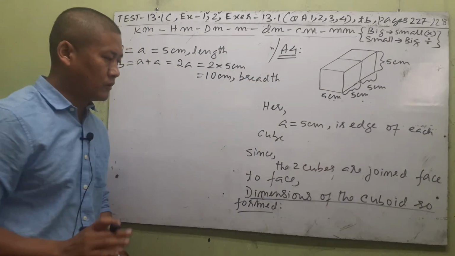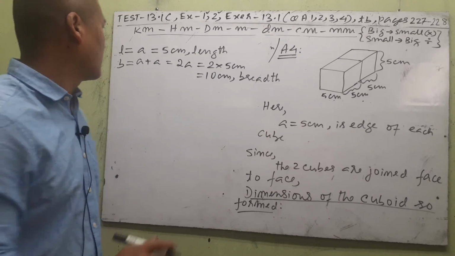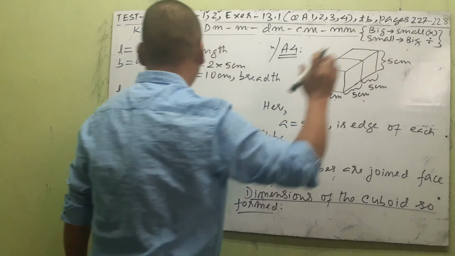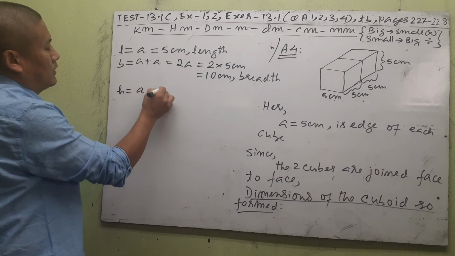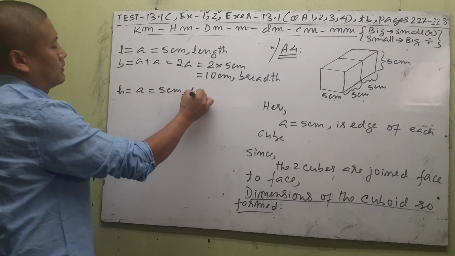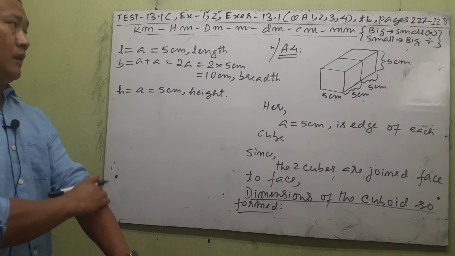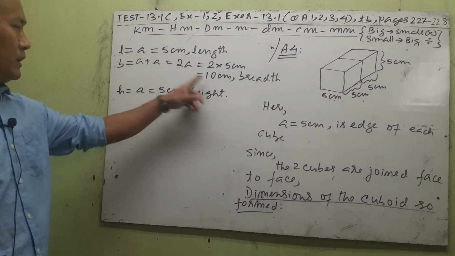And the height, again you can see in the picture, is same as A, so 5 centimeter. So we have determined the values of L, B and H.